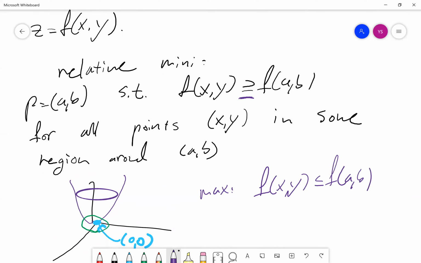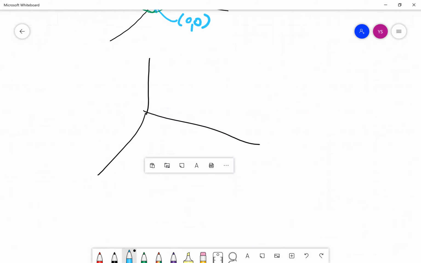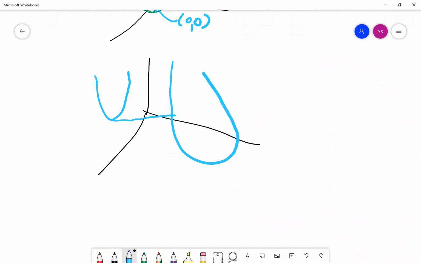So if we, again, think about some function, let's say something like this.